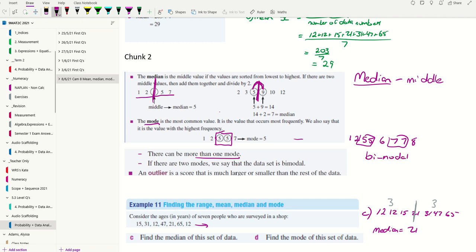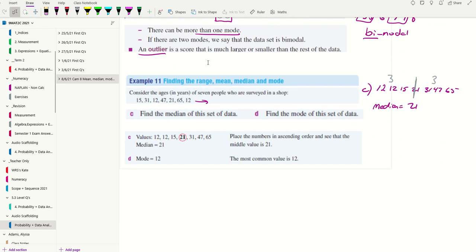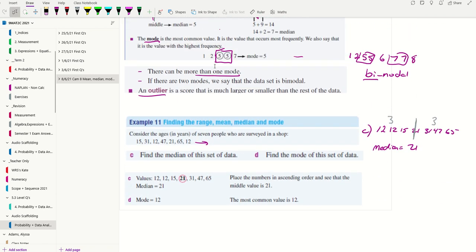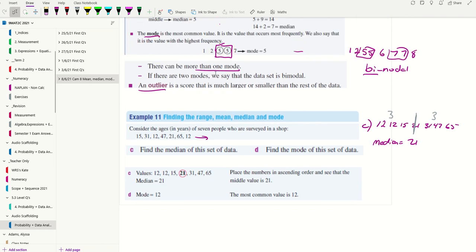So if we have 2 modes, we call it bimodal. The data set's got 2 modes. Bi is 2. Now the other thing we're just going to have a look at briefly is an outlier, which is a score that is much larger or smaller than the rest of the data. There's none in this example, I think, today, but it will be in when we move on further.